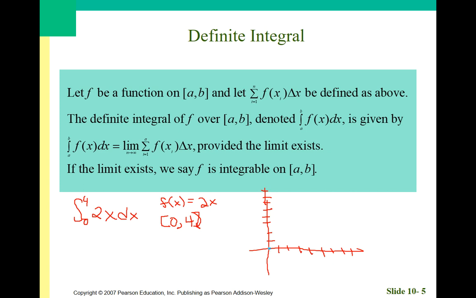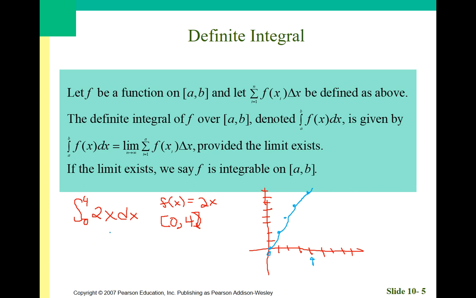And I have a slope of 2. So I'm going to go up 2 over 1, up 2 over 1, up 2 over 1. And I believe we're going to do one more, up 2 over 1. And I'm only graphing from 0, 1, 2, 3, 4, to 4. So I've just graphed my function from 0 to 4.